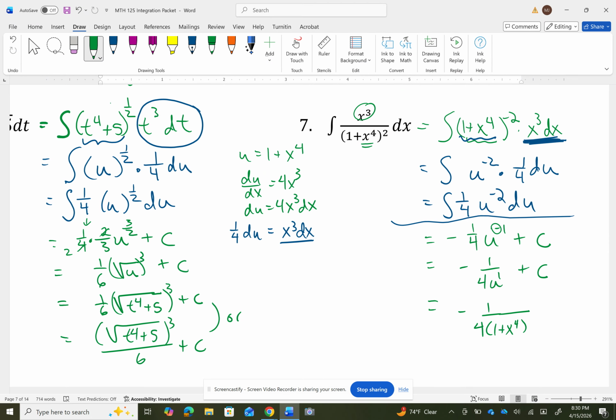Don't forget the plus c, and that should do it. Feel free to check that by just taking the derivative and making sure that when you do the derivative that it matches this part right here.